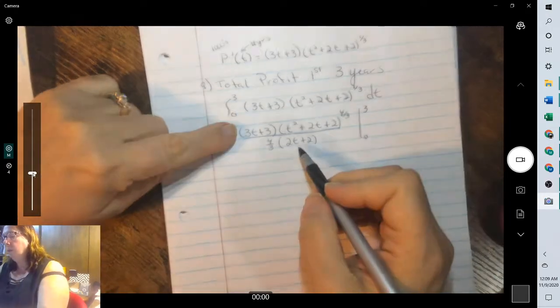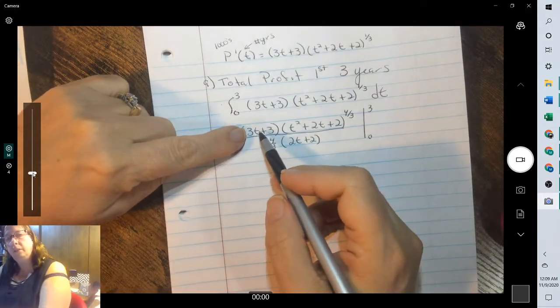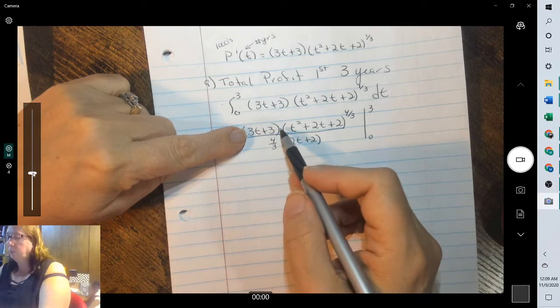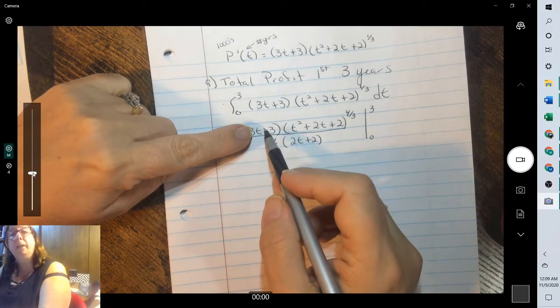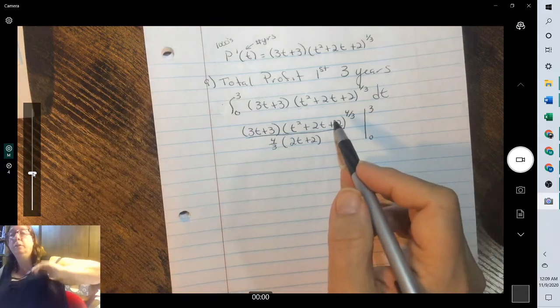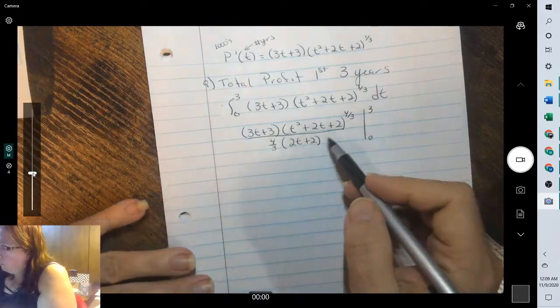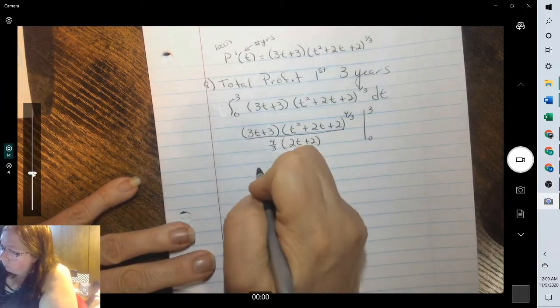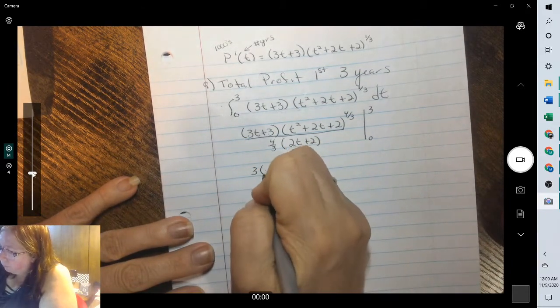Now you can't stop until this 3t, well, you can pull out a 3, but the t plus 1 has to cancel. If you plug in 0 too soon, it's not going to work. So you have to reduce. On the top, I can pull a 3 out.